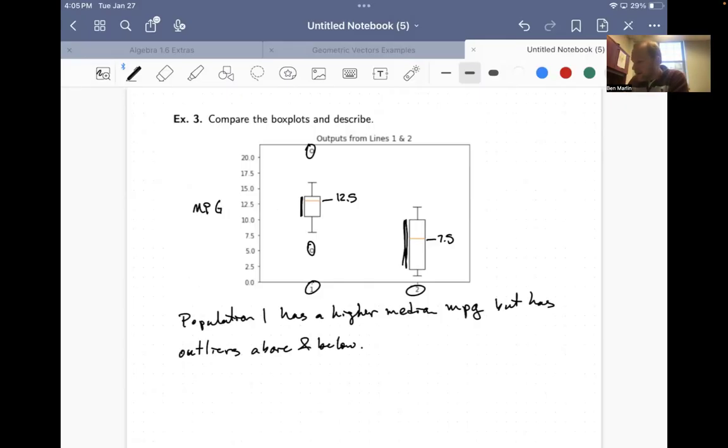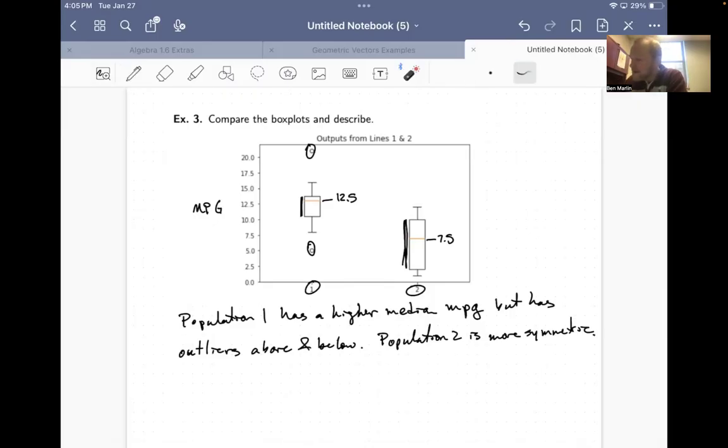Whereas you might also make a note that population 2 is more symmetric. But basically, when you have two box plots given to you like this, you are generally going to take a quick look and compare the populations.